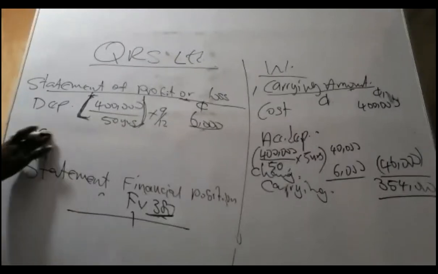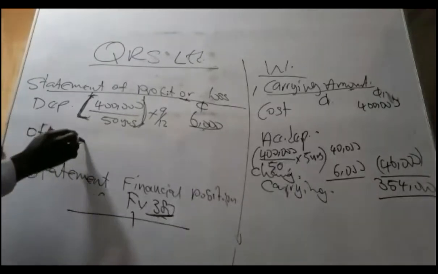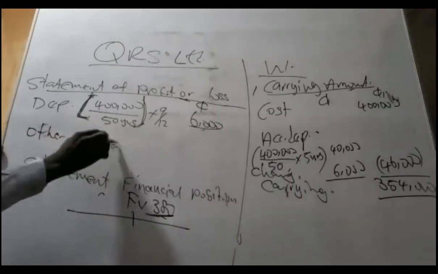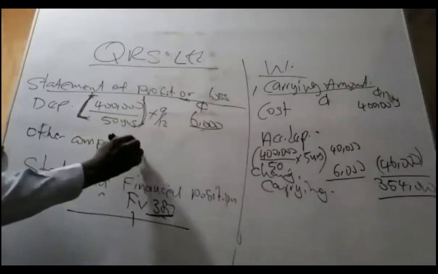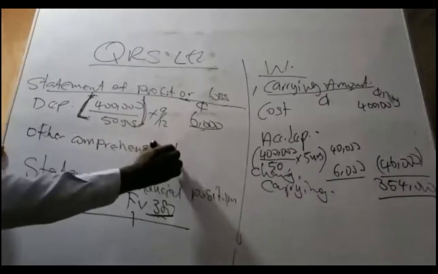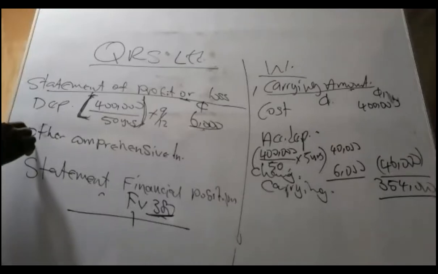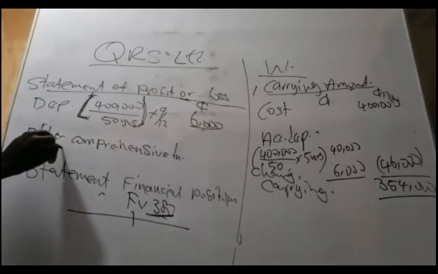OCI, I'll write it in full: other comprehensive income. And you write revaluation gain.